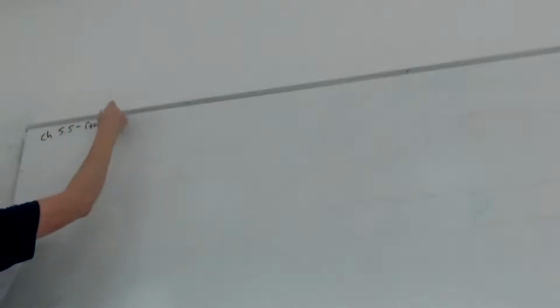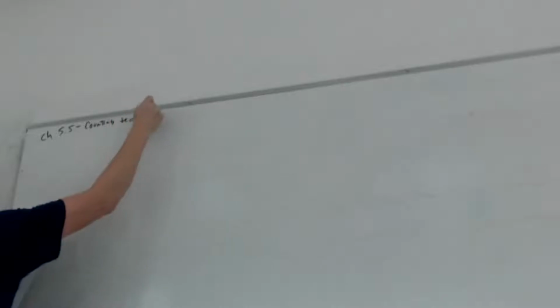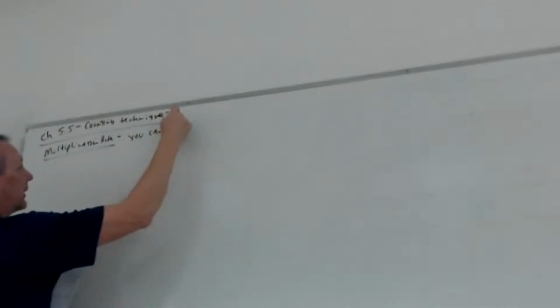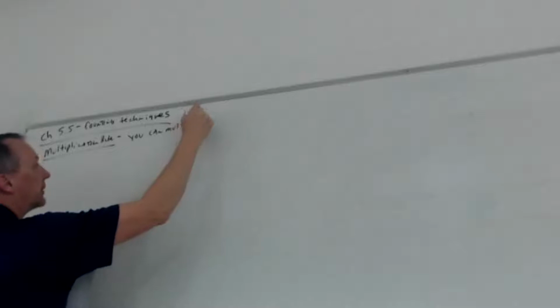All right, we're going to start on chapter 5.5, which is counting techniques. So when we talk about the multiplication rule, the multiplication rule says that you can multiply the possibilities.